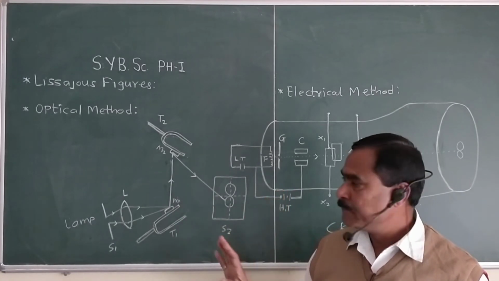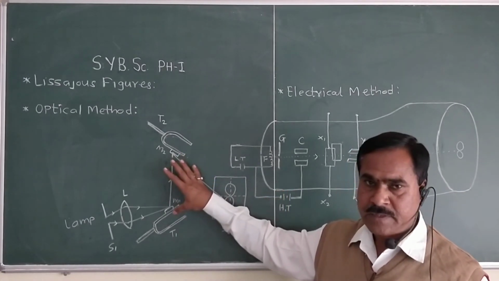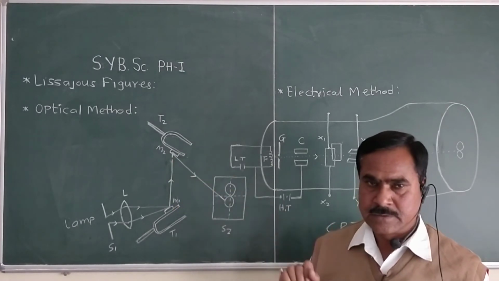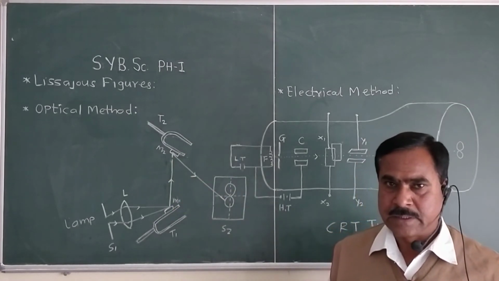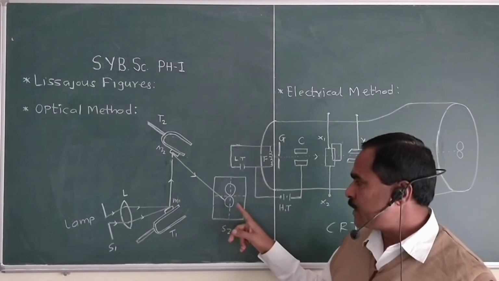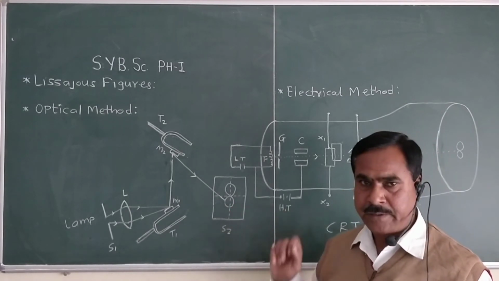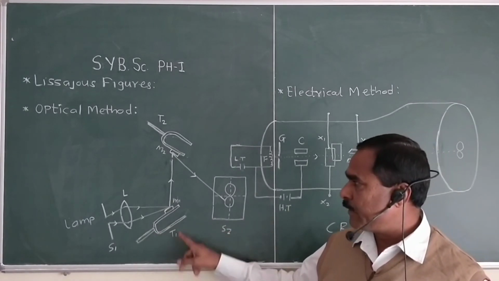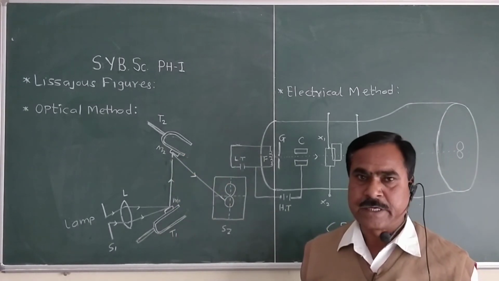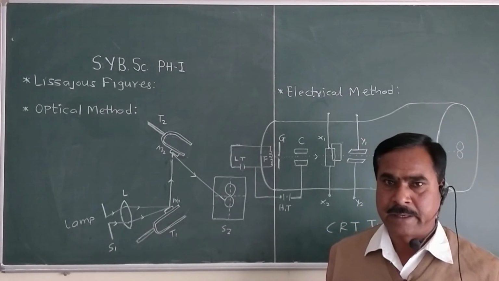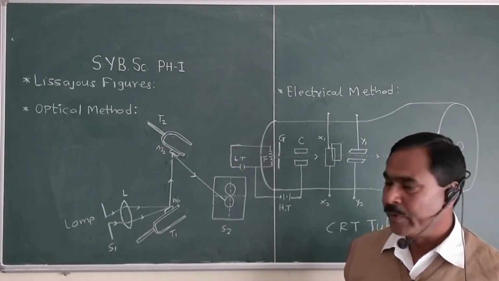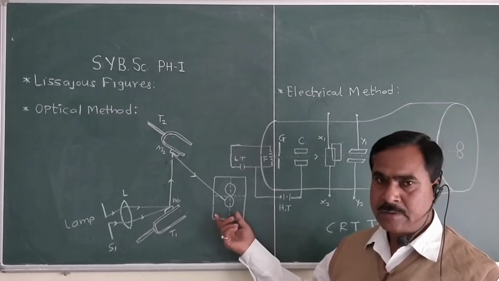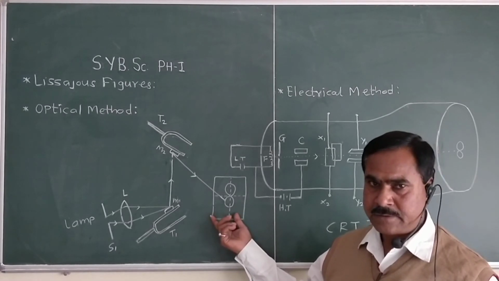When these tuning forks are at rest, that means they are not oscillating, at that time we see a spot on the screen. And when tuning forks T1 and T2 are set into oscillation electrically, then we get different figures on the screen.